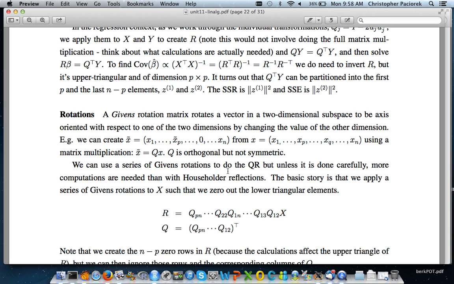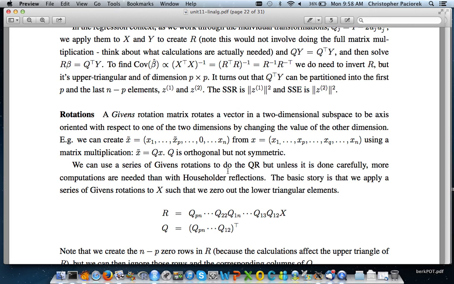Each of these matrices Q, if you look into the details of these matrices, is also orthogonal, and so the result of having accumulated all of these Qs is going to be that this is orthogonal as well. I've already gotten my R by having zeroed out all of the elements.